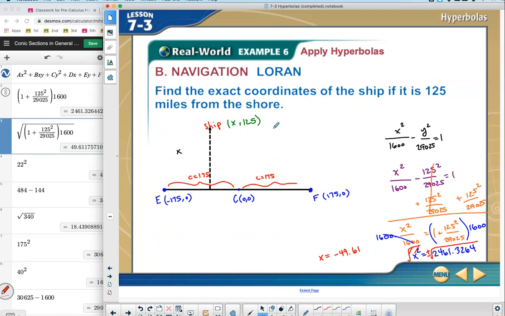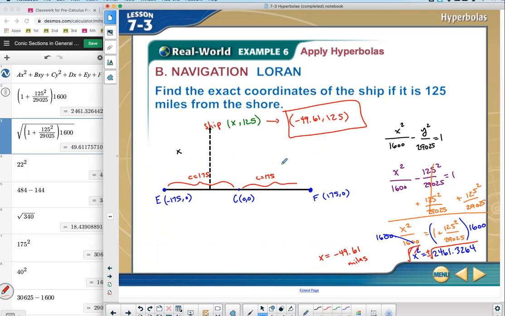And so my coordinate for the ship would become negative 49.61, comma, 125. That's going off of miles. That would be the coordinate if the center of these two stations is the origin. That would be the exact coordinate.